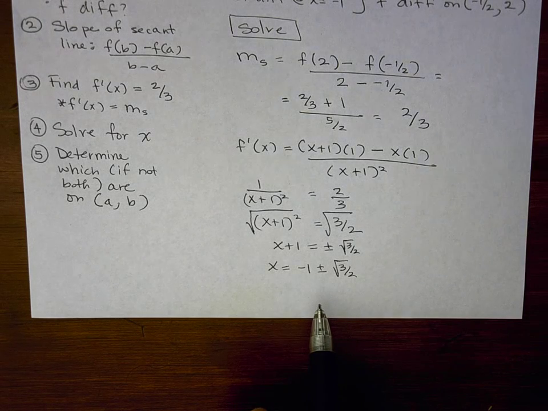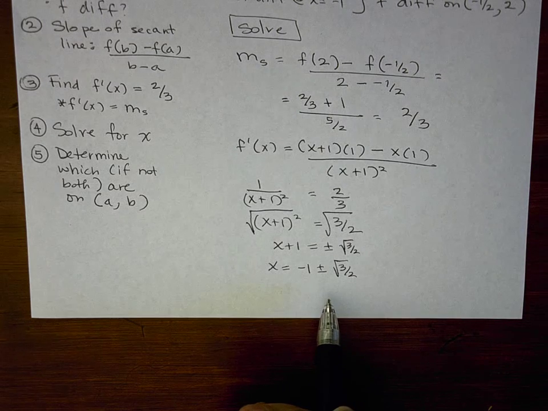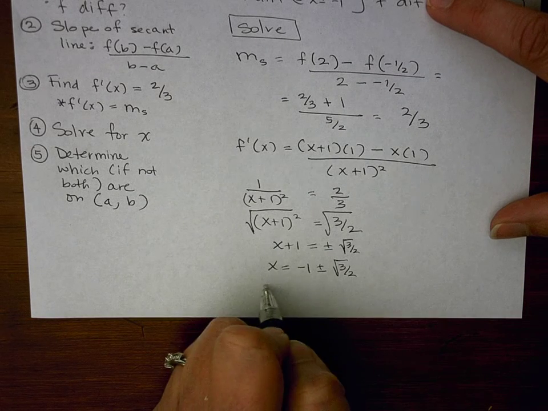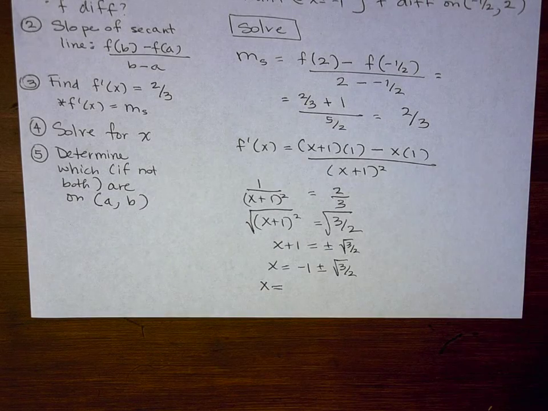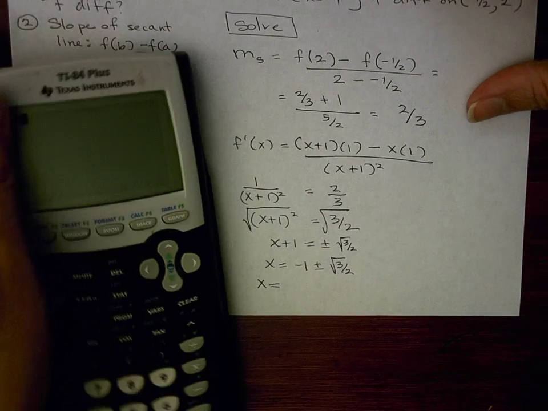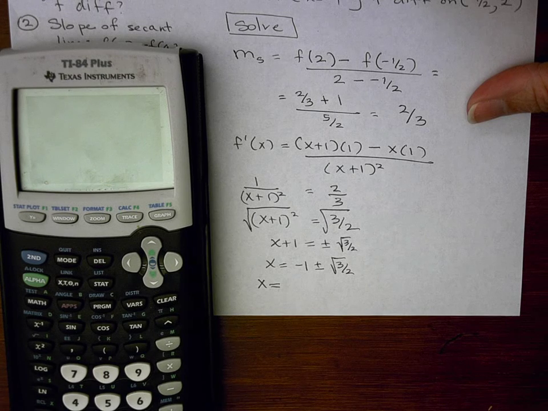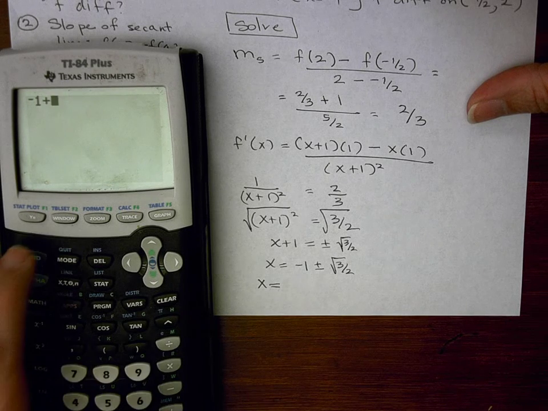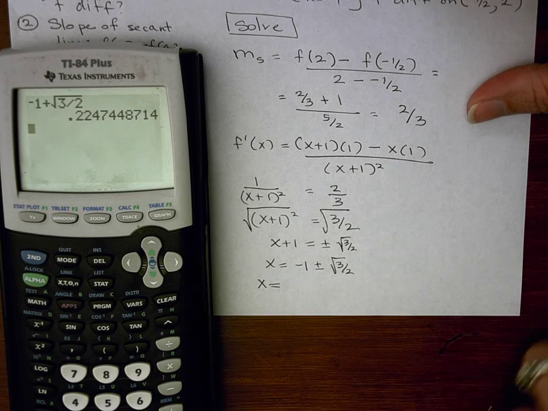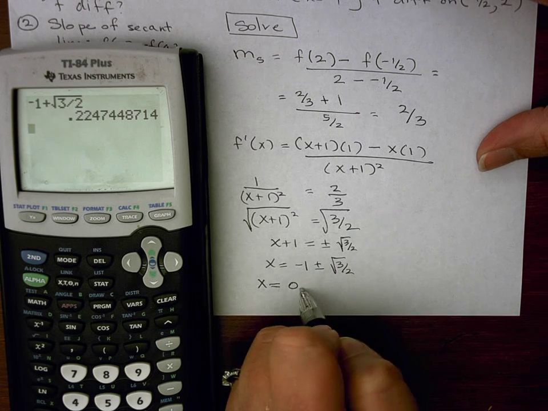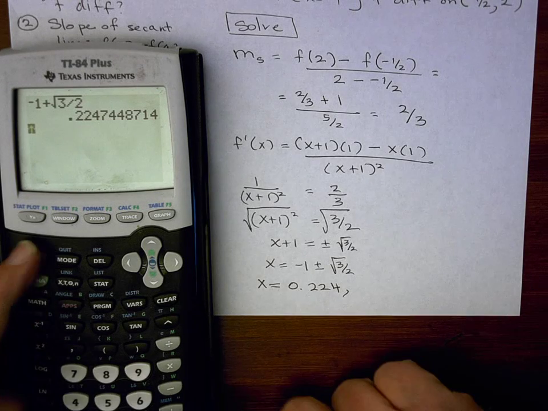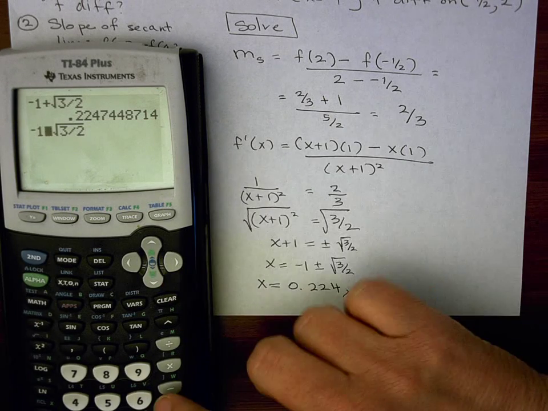So in order to check them to see if they're both on the interval, we're going to figure out the decimal equivalent. So I'm just going to do it in my calculator. So -1 plus the square root of 3 divided by 2 would be 0.224. And then do the same thing again, but I'm going to do minus.